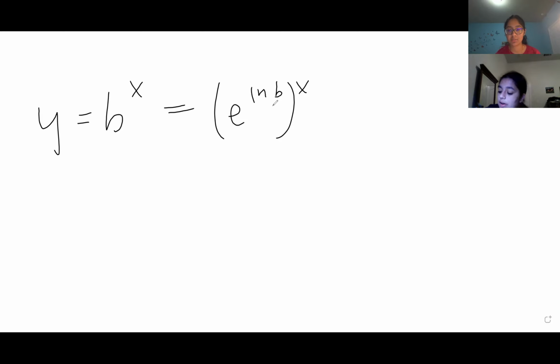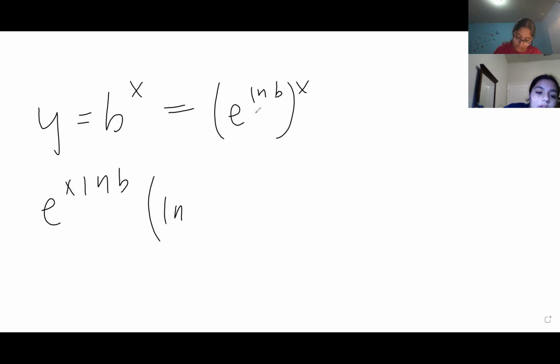I think it's just because it tells you that it's b to the power of x times ln b that you have to assume to use the e to the ln b rule. Yeah, I wish they'd made it clearer because we've never seen this rule before. And then you just get e to the x ln b, which equals b to the x.